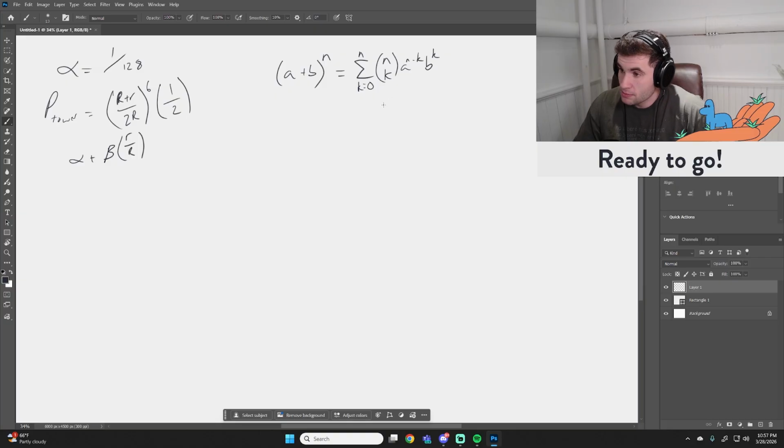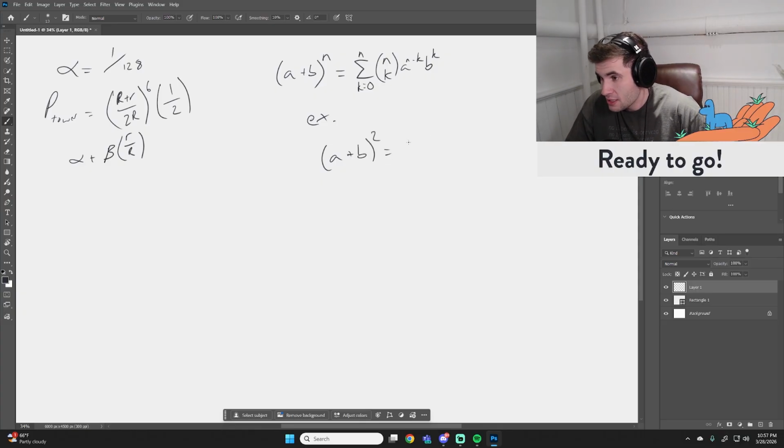So in simple terms, a simple example is if you have a plus b squared, right? This might be something you've memorized, but you can say n is 2 in this case. The first term is 2 choose 0. That's 1. There's only one option. So it's 1 times a to the 2 minus 0, so a squared.